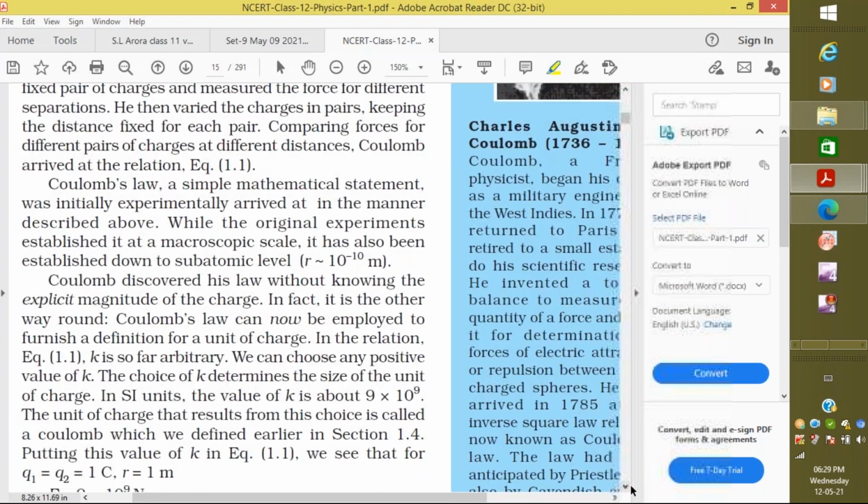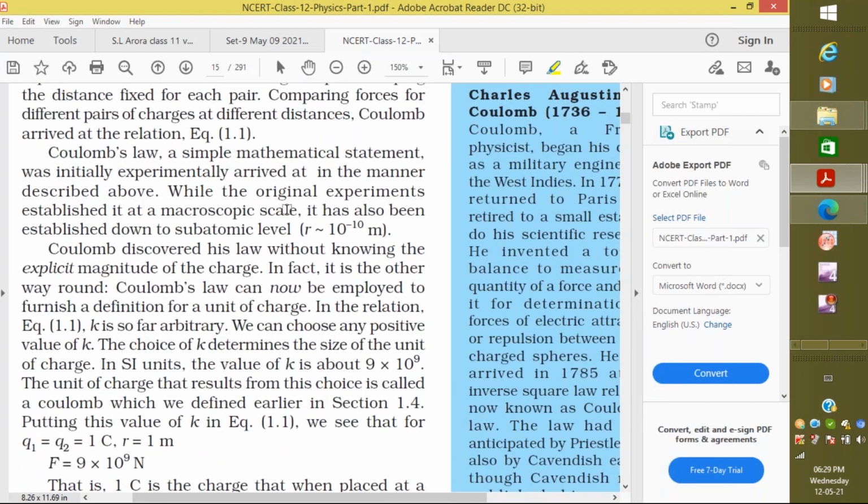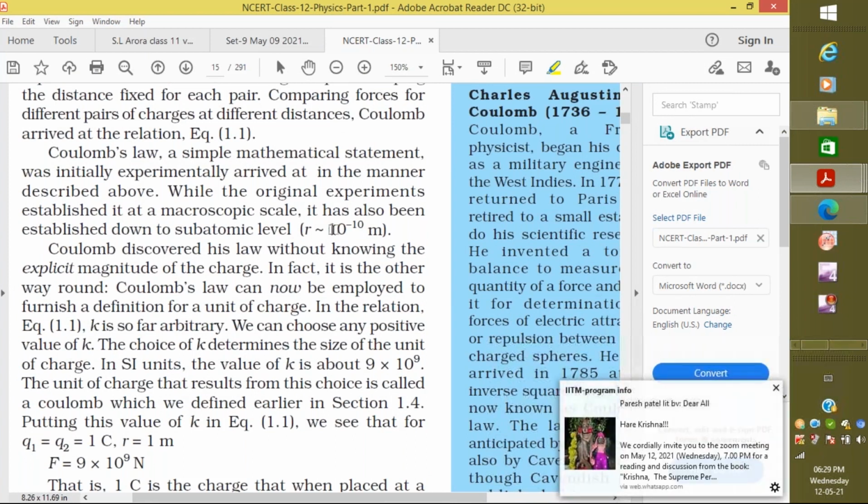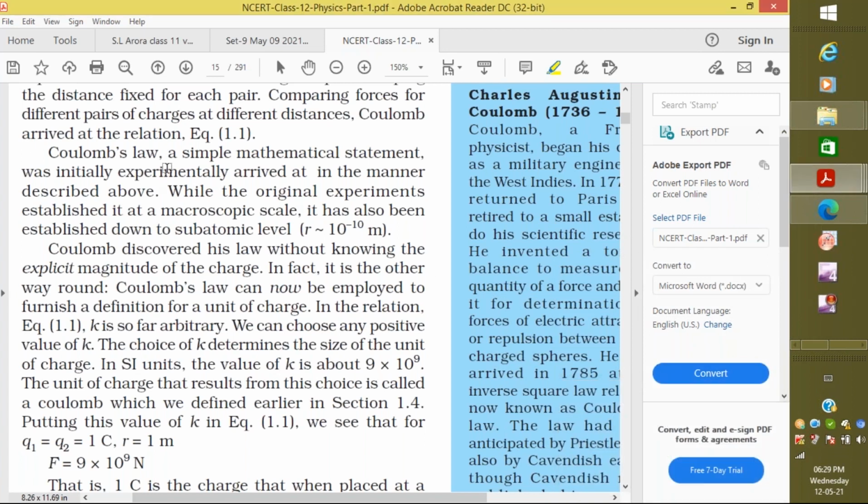This is the famous Coulomb's law, which he described for point particles, but later on it has been applicable for subatomic particles as well as gross material like spheres.